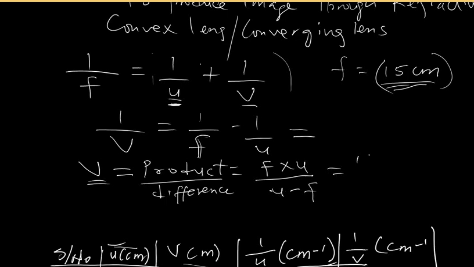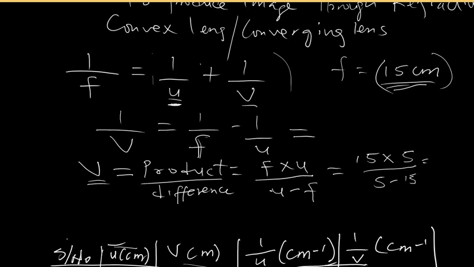So f is 15, u we started with 5, then divided by the difference, which of course is 5 minus 15.